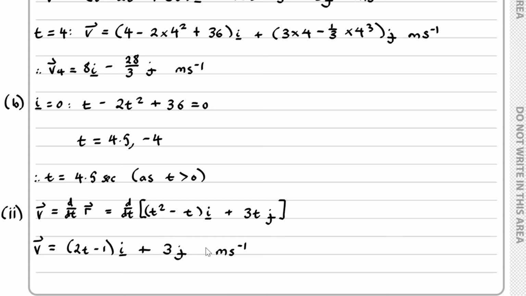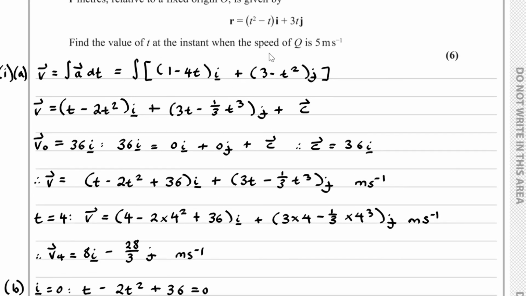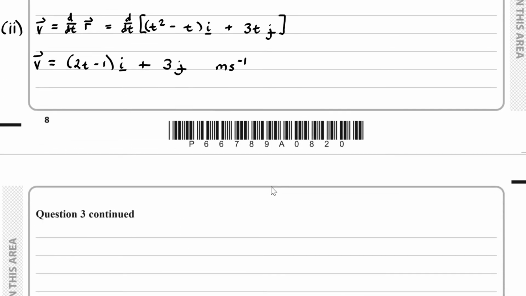Now this is the velocity, and we were told that the speed is 5. So the speed, which is the magnitude of the velocity, is equal to 5. So if we use this idea, what we would have over here then is the square root of (2t minus 1) all squared plus 3 squared.